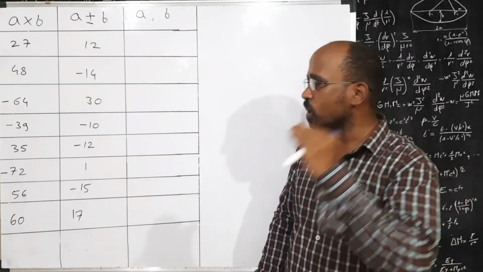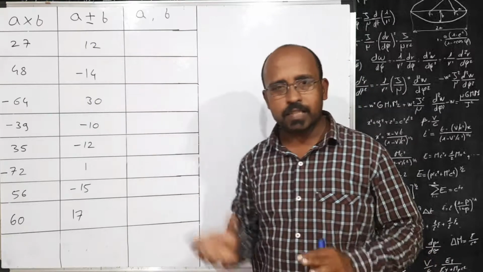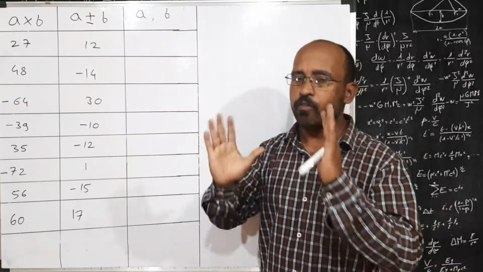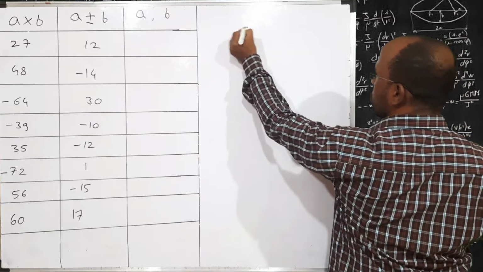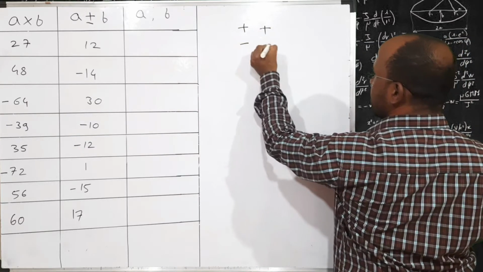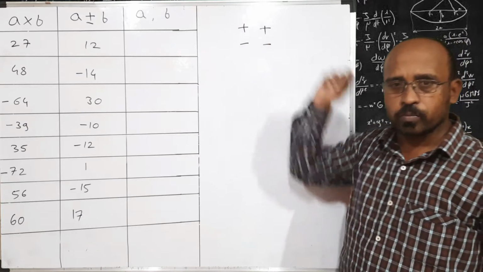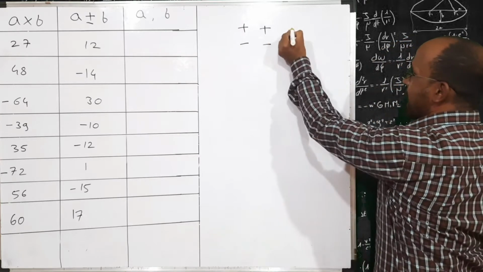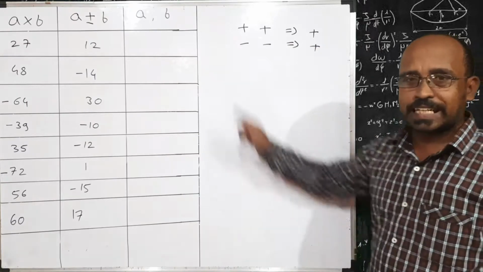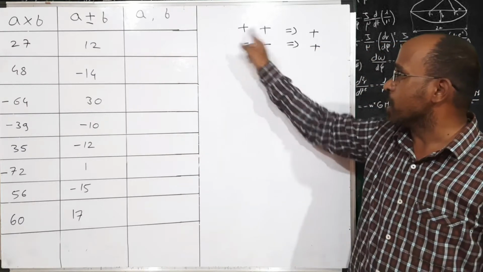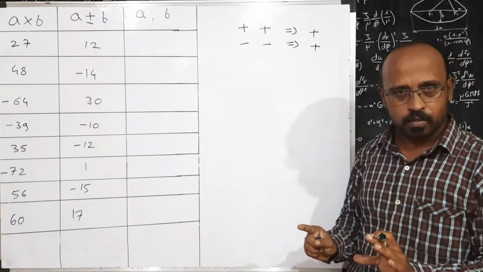Okay friends, so let's go. To understand this logic, we should know very firmly the rules of multiplication of integers. I hope all of you are aware that in integers, if the symbol of both numbers is the same, then the answer is positive. You pronounce it as plus plus plus, minus minus plus.